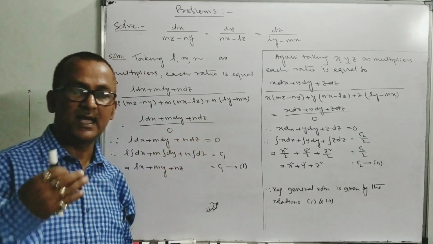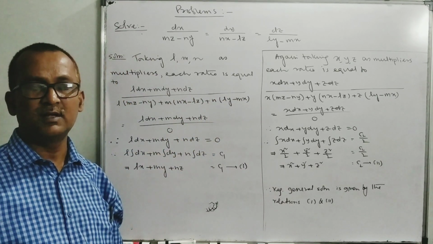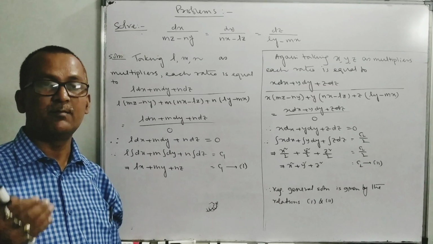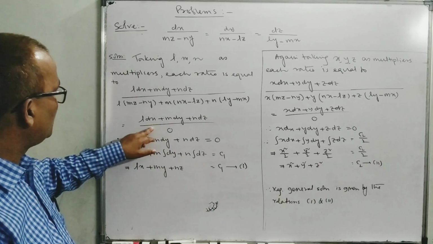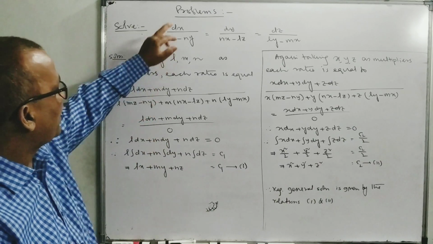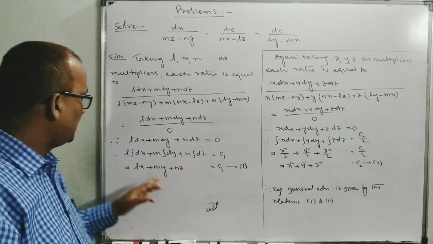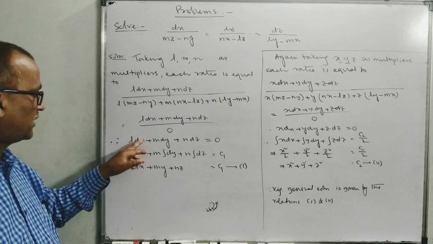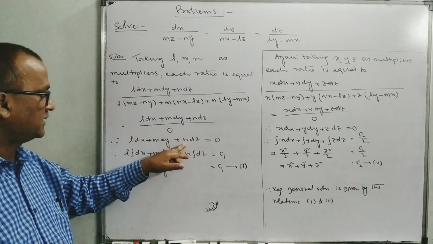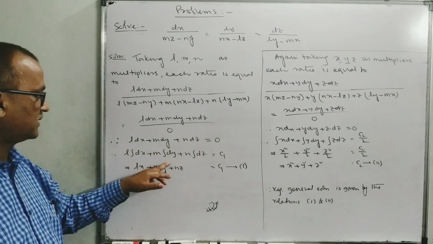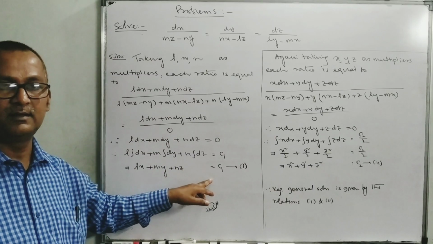So here our aim is to make the lower part 0 by applying the properties of ratio and choosing suitable multipliers. So now this ratio is equal to this, and this, and this. Taking this and any one of them, you get l dx plus m dy plus n dz equal to 0. Integrating this, we get lx plus my plus nz equal to C1.